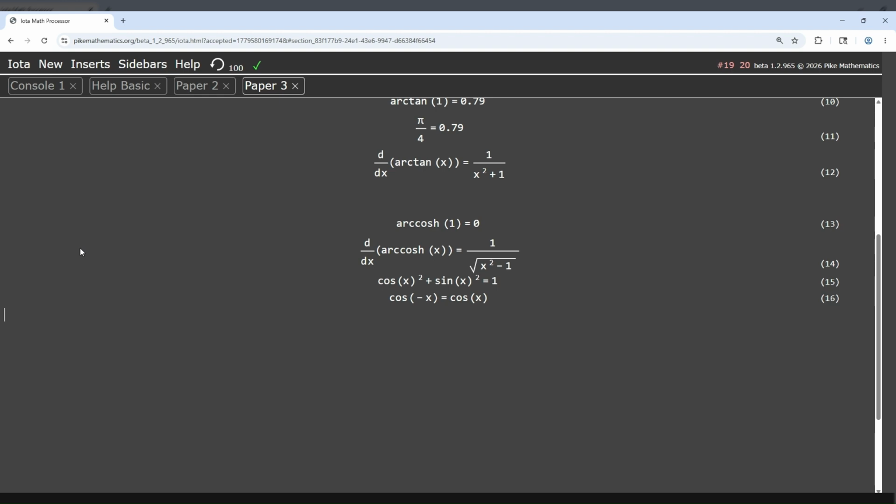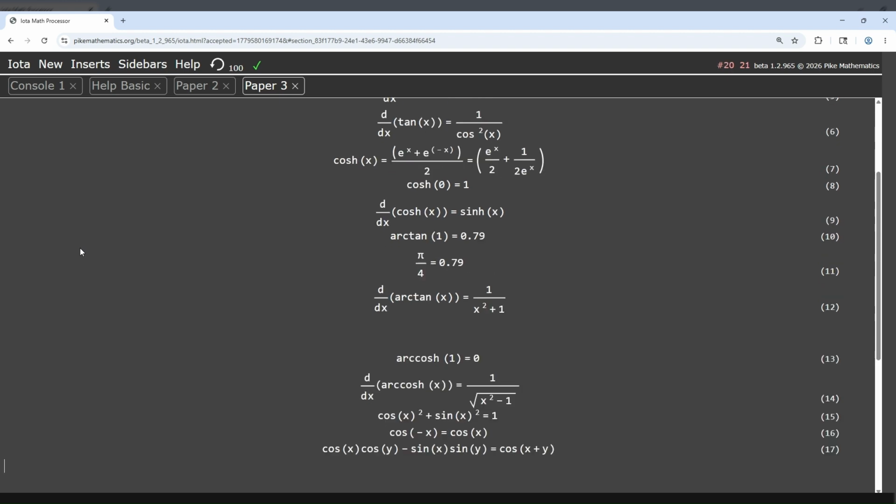Here's another example: the cosine of x times the cosine of y minus the sine of x times the sine of y equals the cosine of x plus y. Okay.